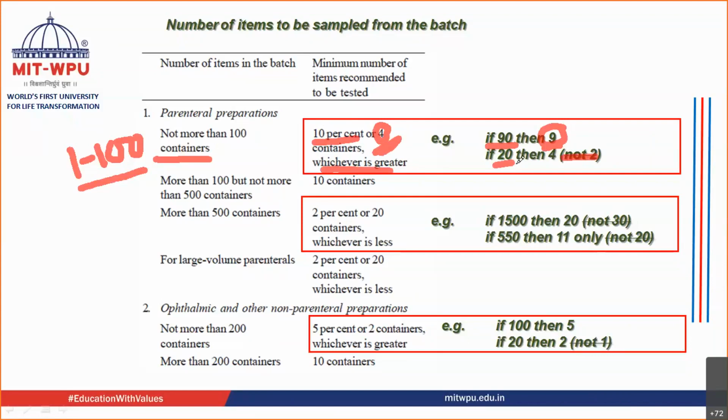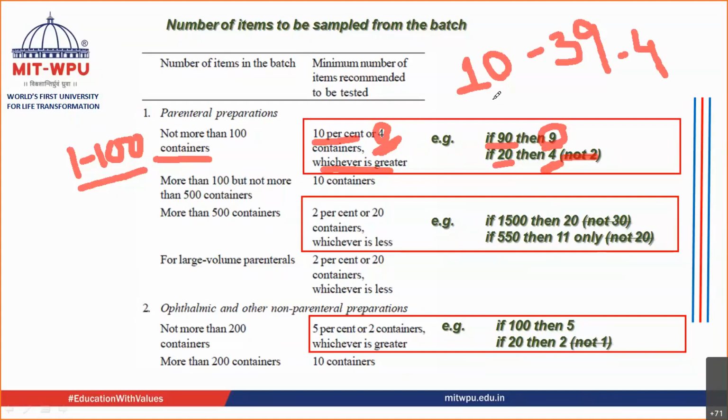So if it is 20, 30, 35, or 39 in the batch, then you are going to choose 4 containers, right? Put in other words, for a batch size between, say, 5 to 39, the number of containers that I'm going to choose is 4, right?